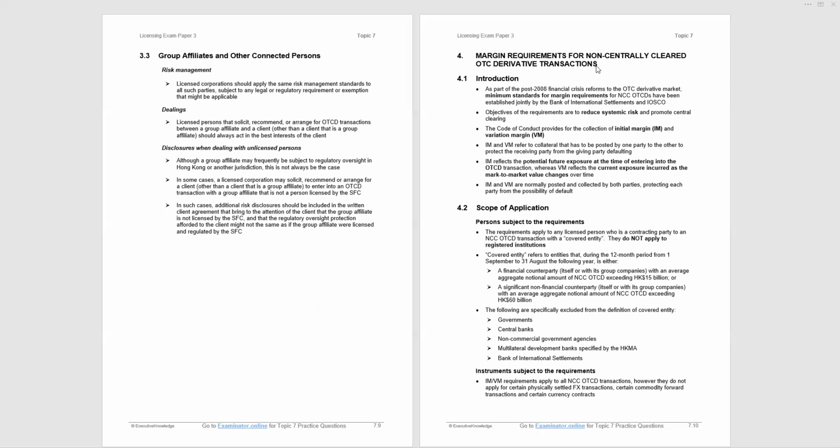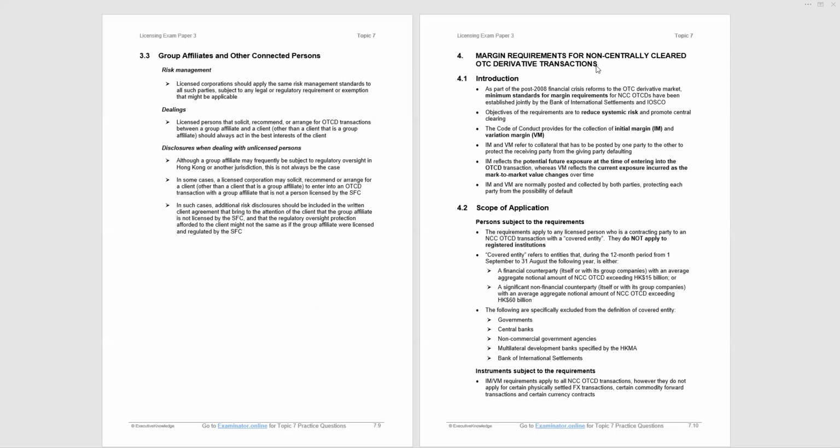Covered entity, what is it? It refers to entities that during the 12-month period from 1st September to 31st August, well, that's the time period they've selected, following the following year is either a financial counterparty itself or with its group companies with an average aggregate notional amount of OTC derivative positions exceeding 15 billion Hong Kong dollars.